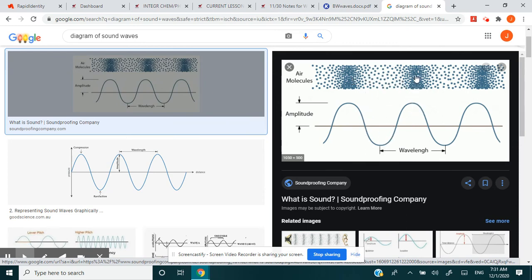The crest, they're close together. The trough, they're far apart. The crest, they're close together again. So this up here with the dots is showing you a longitudinal wave of a sound wave. Down here, this would be a transverse wave, which is like a light wave.